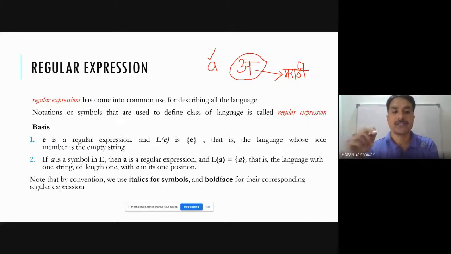That is the language with one string, that is A, with length 1, and with A at the first position. So you have only a one-letter word, and the A is at the first position. Let us come back to the board and discuss the same thing for better understanding.